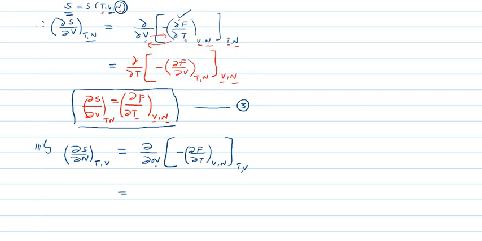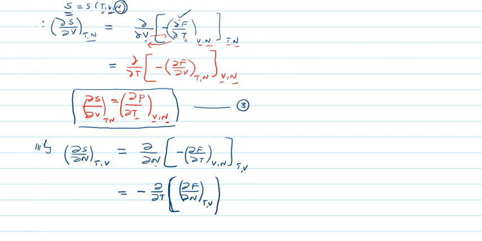So it will be equal to, taking the minus sign outside, dou by dou T of dou F by dou N, keeping T and V constant.